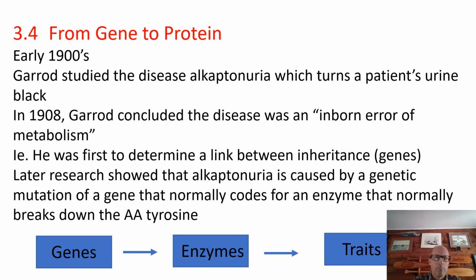The genotype is, of course, what is in your DNA right here, and the phenotype is the trait itself. So this is the setup that Garrod started in the early 1900s, and more studies were carried out around the 1940s that I'll talk about in a minute here.